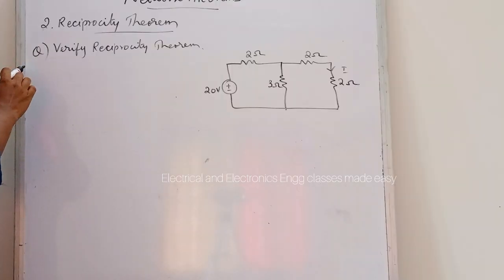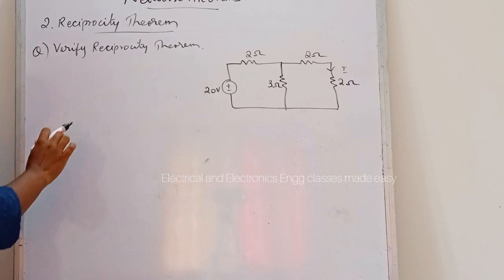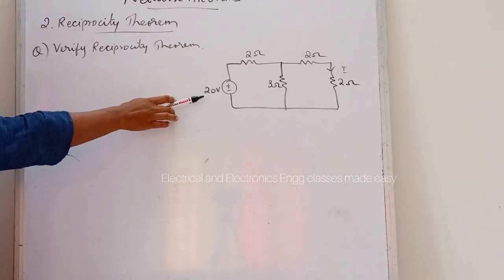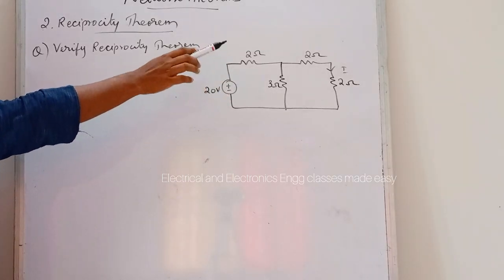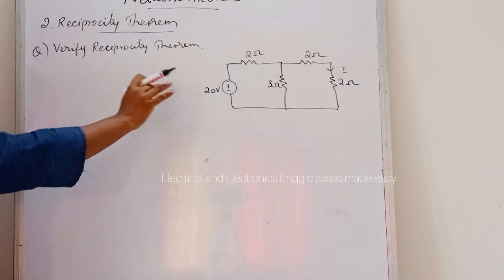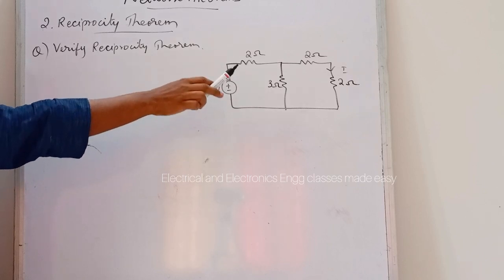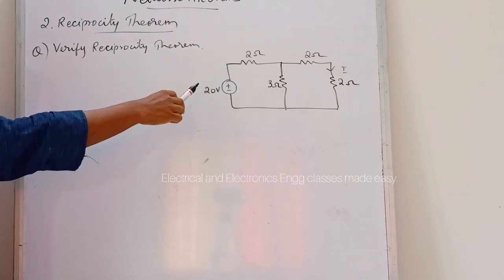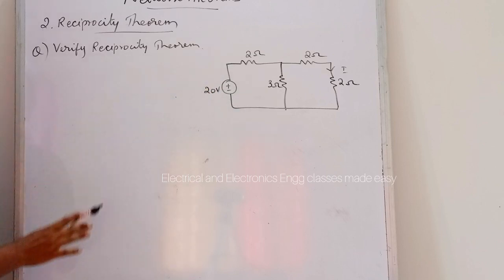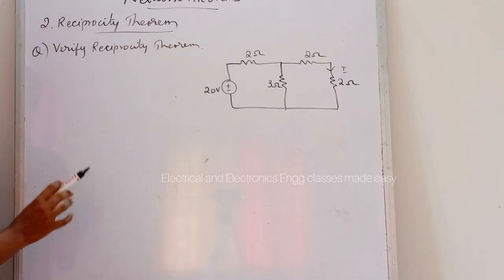Let us do a problem. Verify the reciprocity theorem. So this is the network given. Here a voltage source is there and I is the current through that 2 ohm resistor. So we have to first find the value of current. That is, here the output is the current through the 2 ohm resistor.